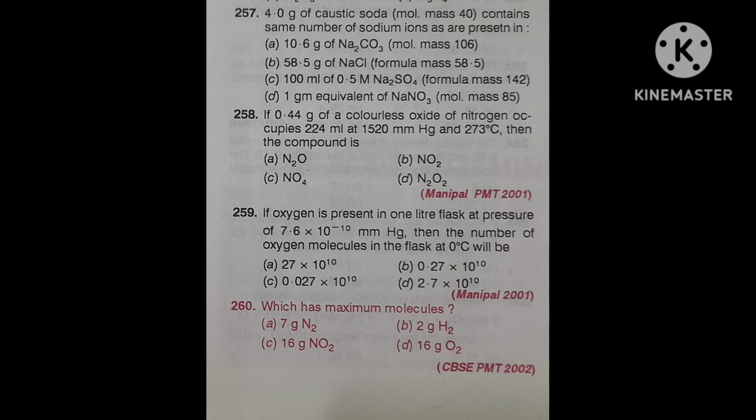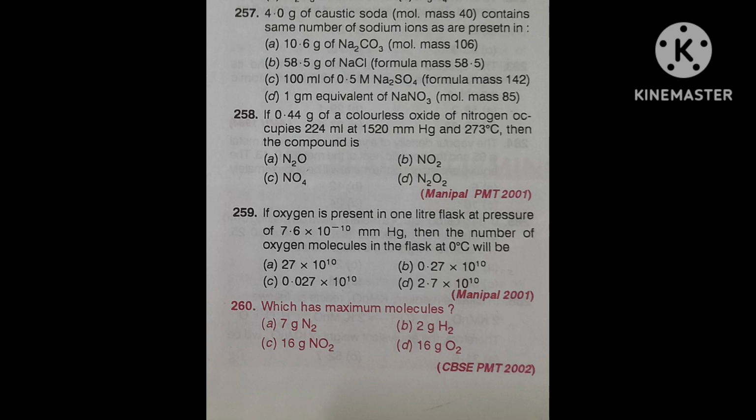First option 27 into 10 to the power 10. Second option 0.27 into 10 to the power 10. Third option 0.27 into 10 to the power 19. Fourth option 2.7 into 10 to the power 10.